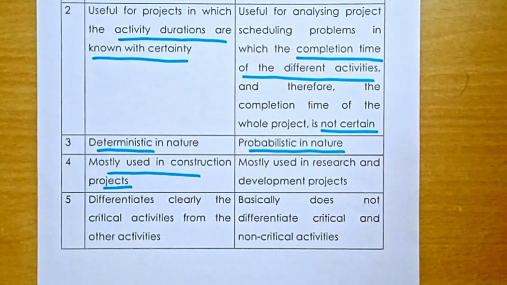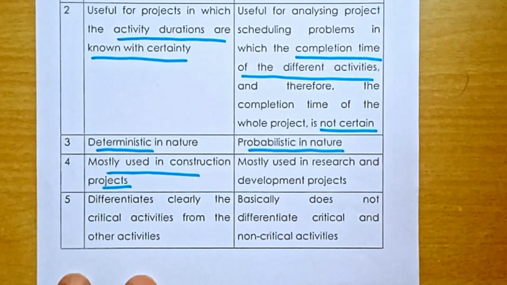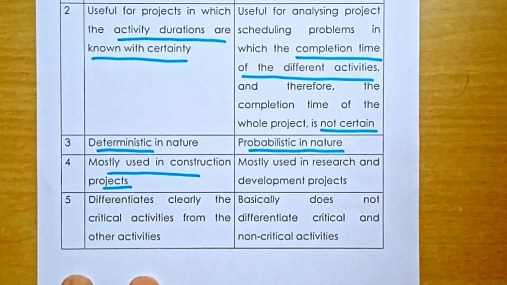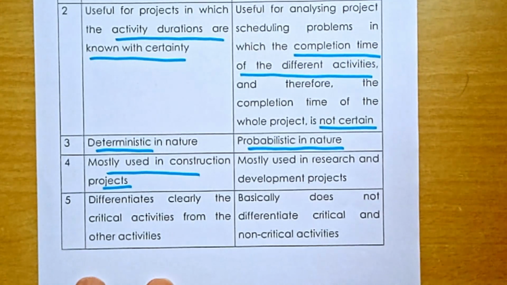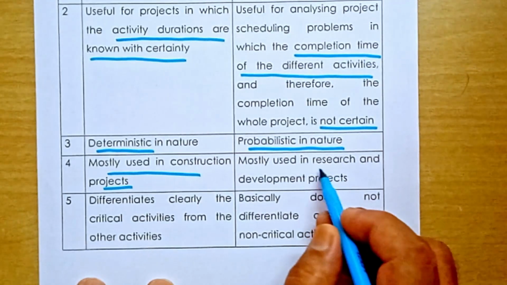Actually, the probabilistic model, program evaluation and review technique model, is suitable for those projects where time duration is not known with certainty before the project is started, like research and development projects.